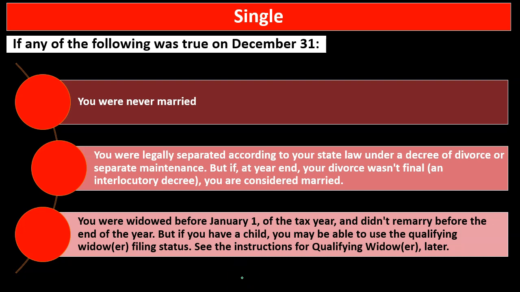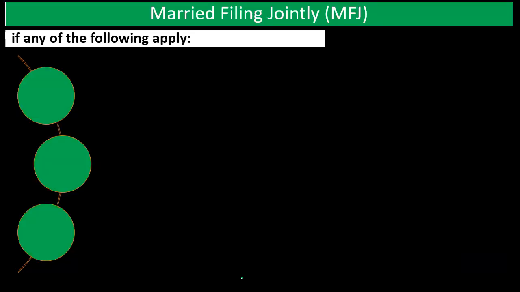You were widowed before January 1st of the tax year and you didn't remarry before the end of the tax year, but if you have a child, you may be able to use the qualified widower filing status. So in the case of a death, there'd be a question as to whether it would be qualified widow or widower, and if there's a child involved, that's typically one of the situations where you might be able to qualify for head of household as opposed to the single status.